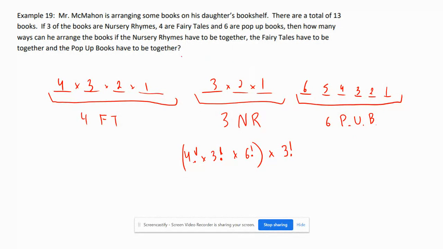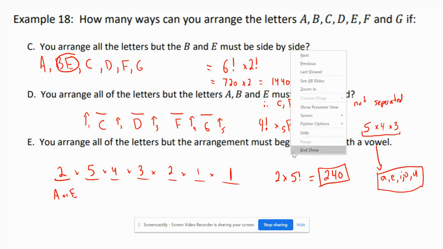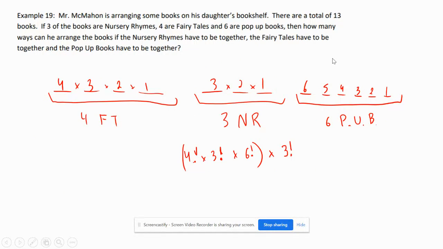I could have put the pop-up books first, then the nursery rhymes, and the fairy tales last, or any arrangement of these 3 types. So how many ways do I arrange the 3 types of books? There are 3 types of books, so that means 3 factorial. So it should be 4 factorial times 3 factorial times 6 factorial.